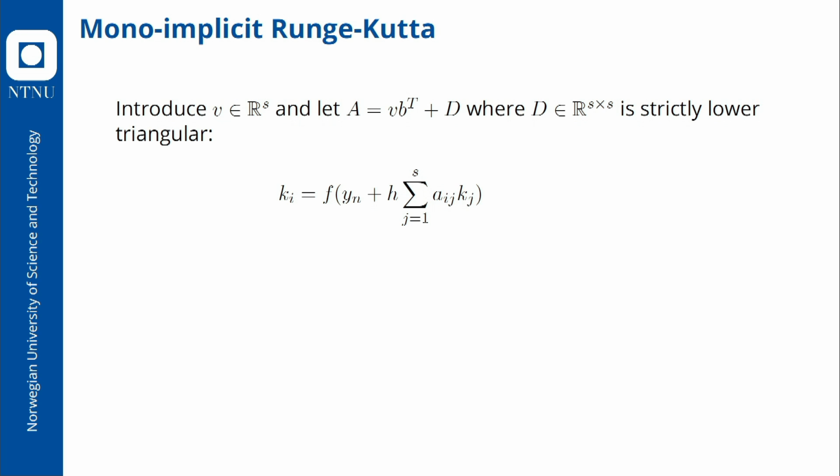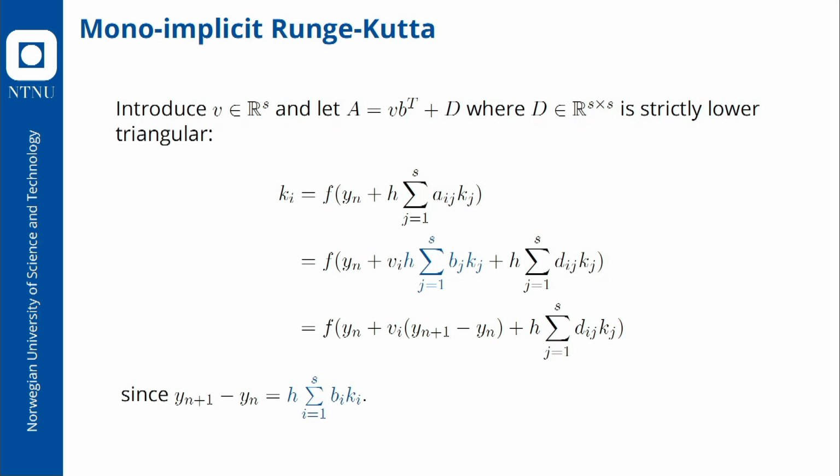What we can then see is that it's possible to rewrite the stages of the Runge-Kutta method on the following form. So we can separate out this outer product, and since the end step is defined as it is, we can actually inject the difference between the final point and the current point y_n that we're standing at.